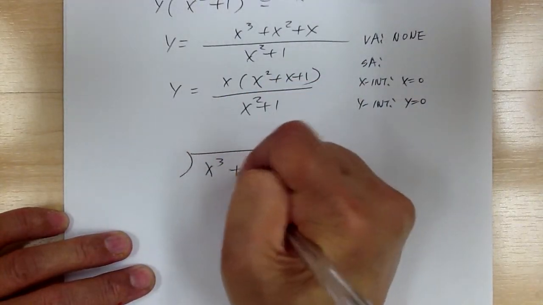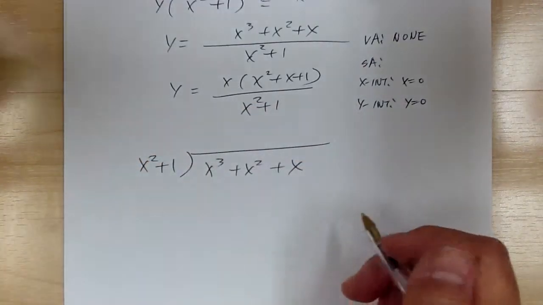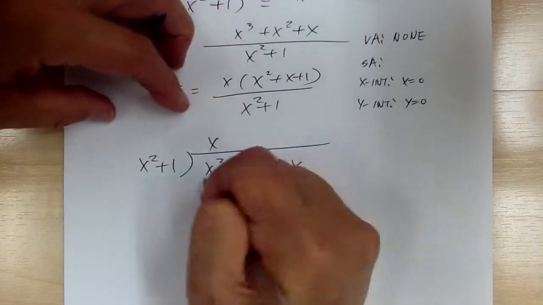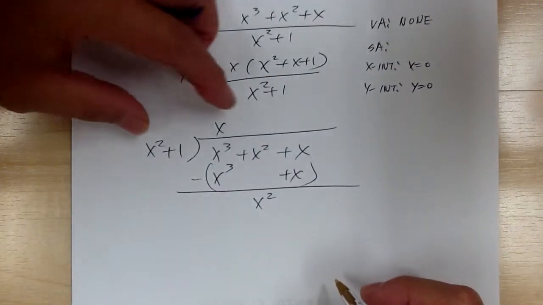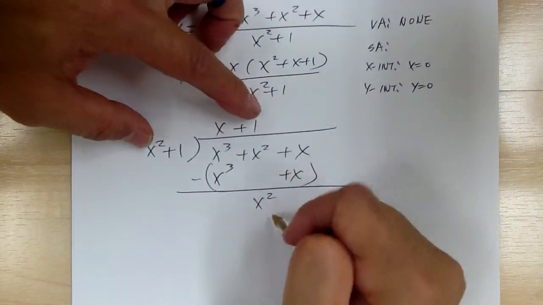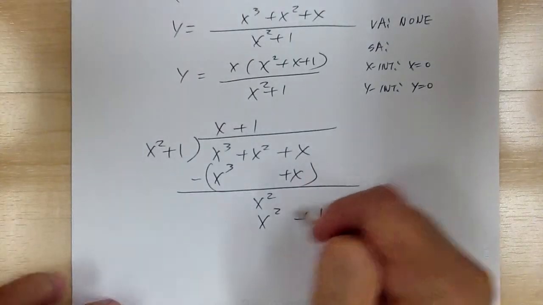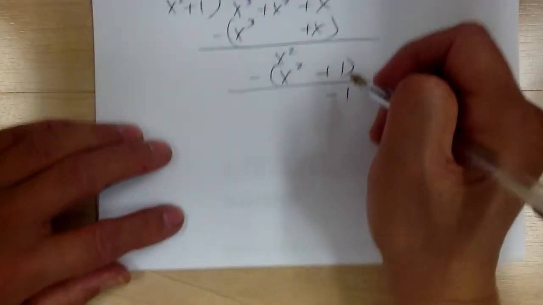So you got x cubed plus x squared plus x divided by x squared plus 1. So you need to have an x, so you got x cubed plus x, minus, so you got x squared. And then this one you're going to get plus 1, so you get x squared plus 1. So you're going to get minus 1.